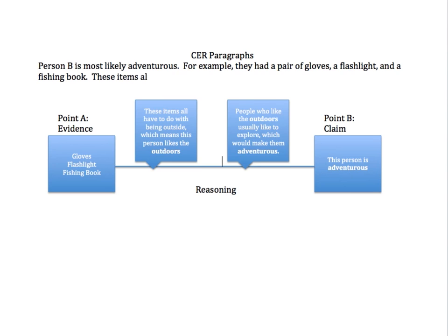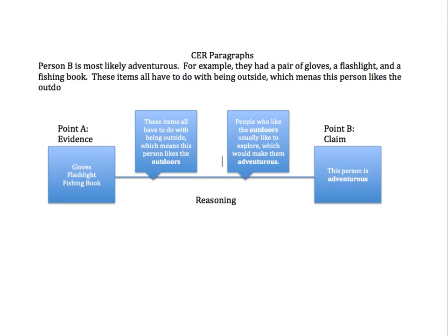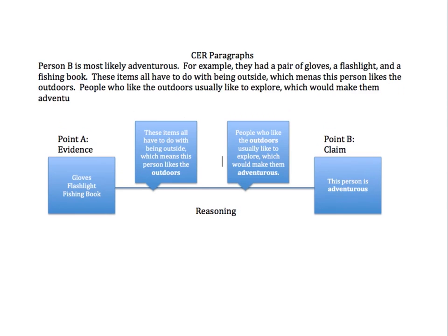These items all have to do with being outside, which means this person likes the outdoors. People who like the outdoors usually like to explore, which would make them adventurous.